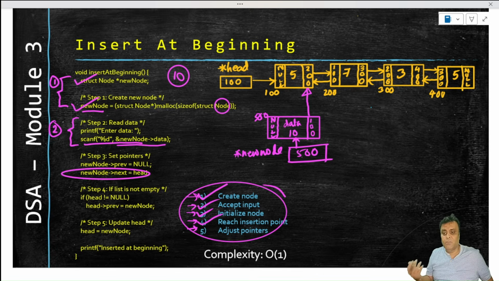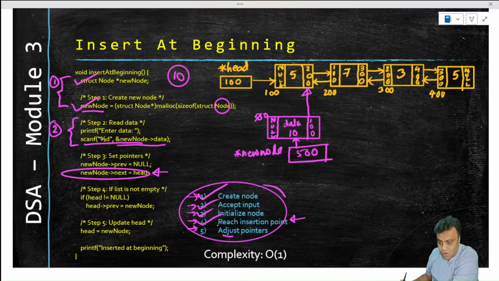The insertion point is where we are actually doing the head adjustment. Now at that insertion point, what we will do is, if my head is not equal to null, then this head's previous, see, now we are doing the adjust pointers. We have reached the insertion point because there was nothing to do with respect to the insertion point in this code.